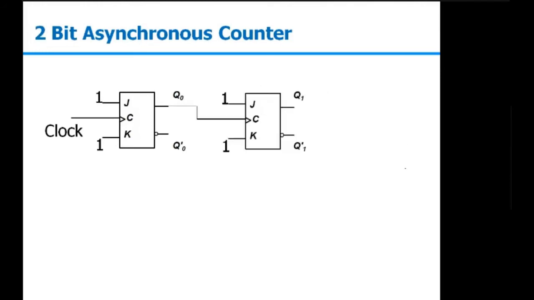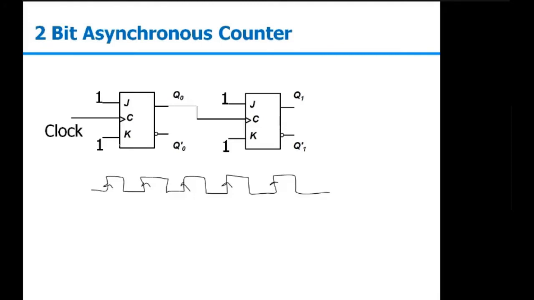Talking about the 2-bit counter, we will have cascading, in which the output of the preceding stage acts as the clock of the next stage. This is my clock, and if it is positive edge triggered, my first flip-flop, Q0, will be triggered at every occurrence of this positive edge.